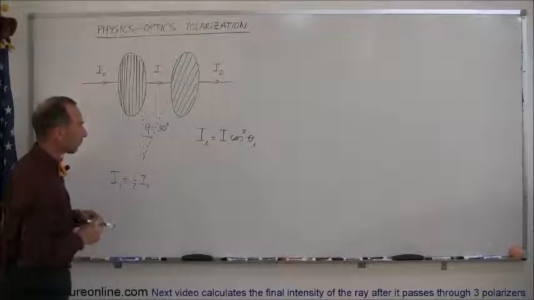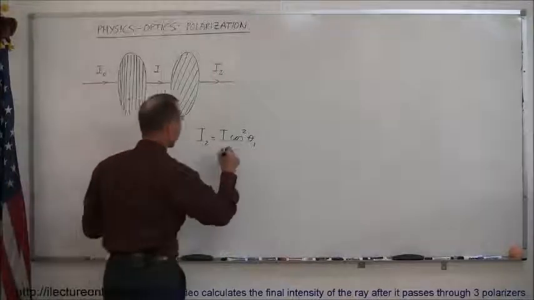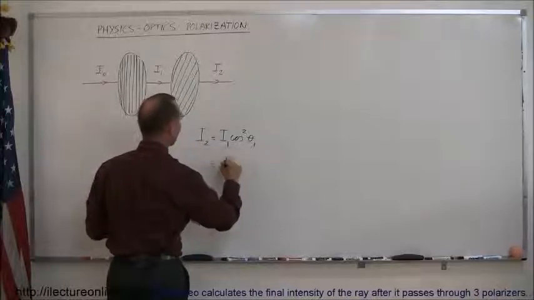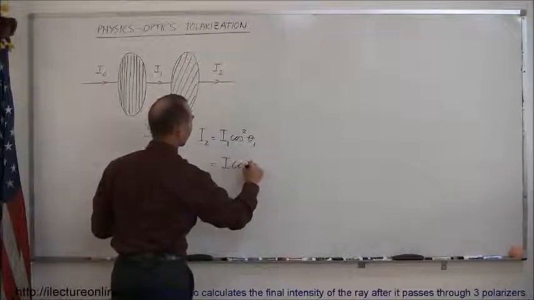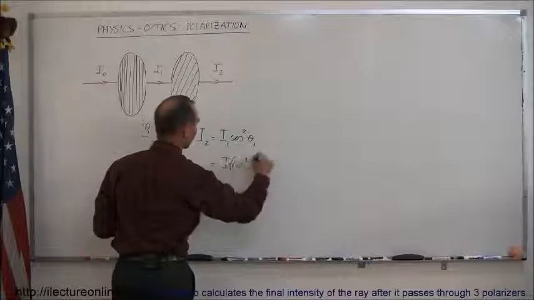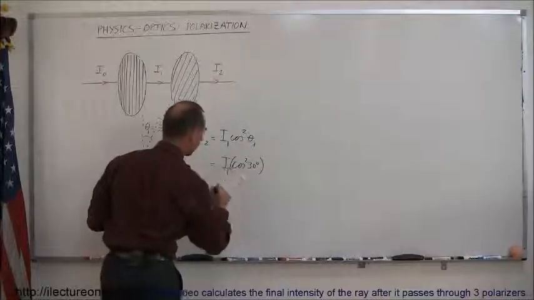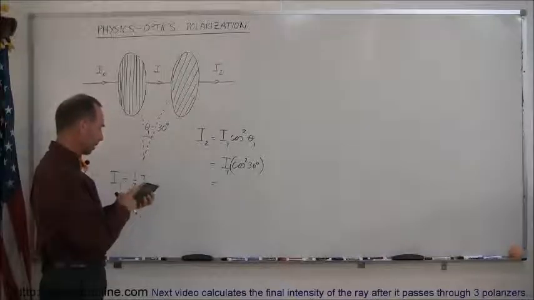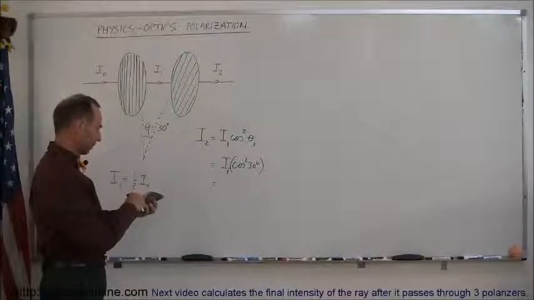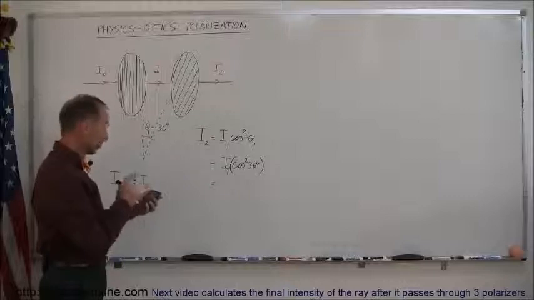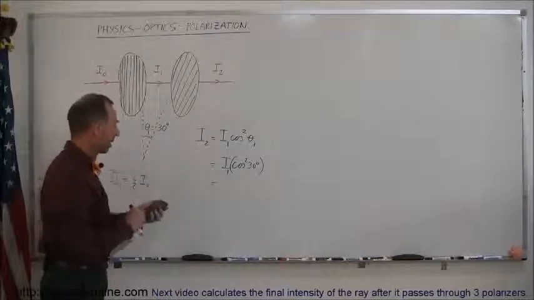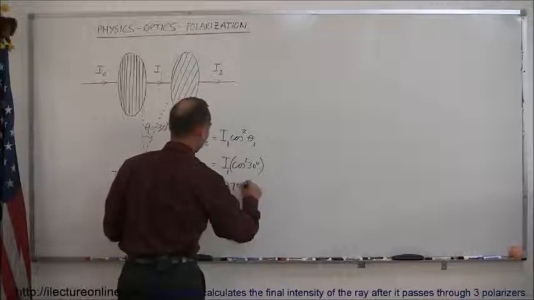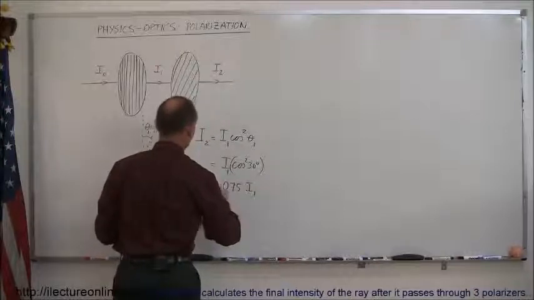Plugging in the numbers, I sub 2 is equal to I sub 1 times the cosine squared of 30 degrees. So we take the cosine of 30, and then we square that, and this is equal to 0.75 times I sub 1.